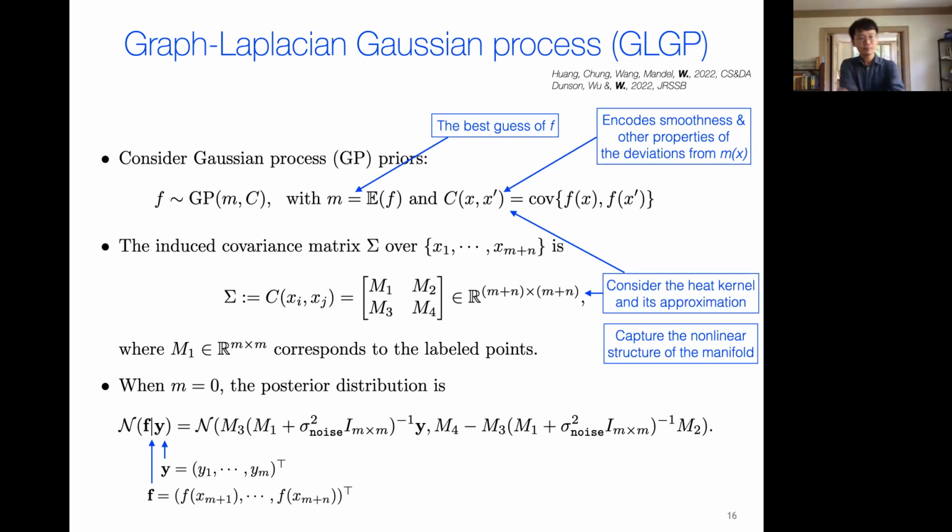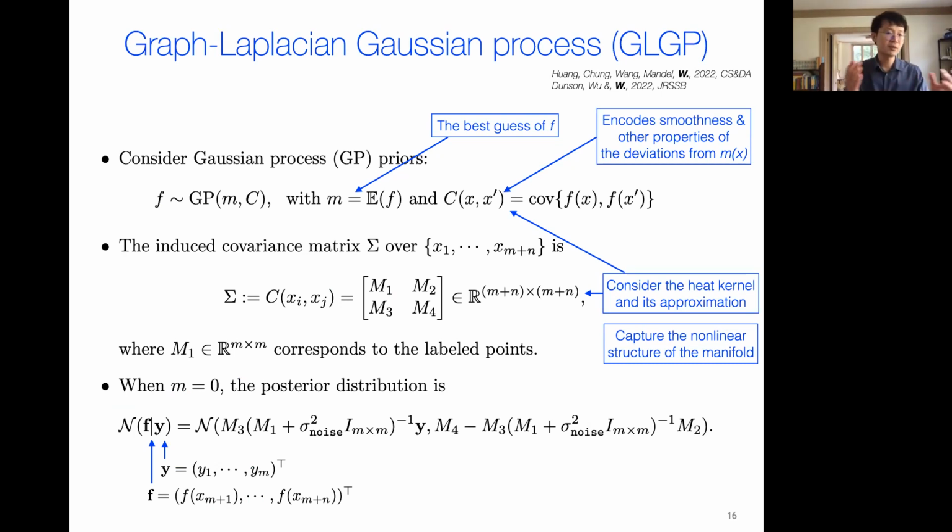Okay, so we consider a Gaussian process prior, where the m function, which is the expectation of f, is the best guess of function f. And we will also have the covariance, which encodes smoothness and other properties of the deviations from m of x.